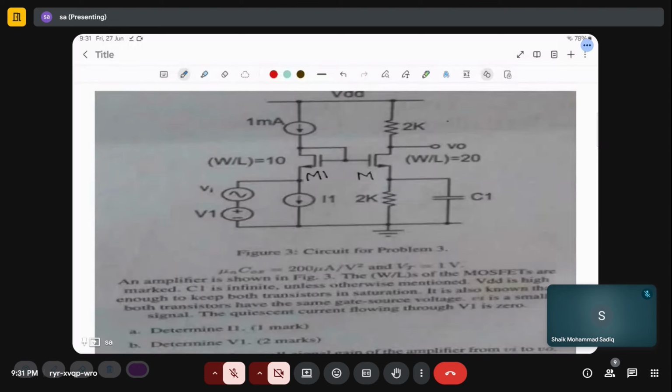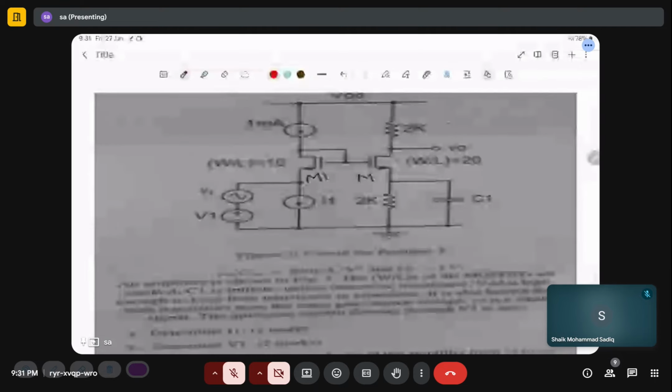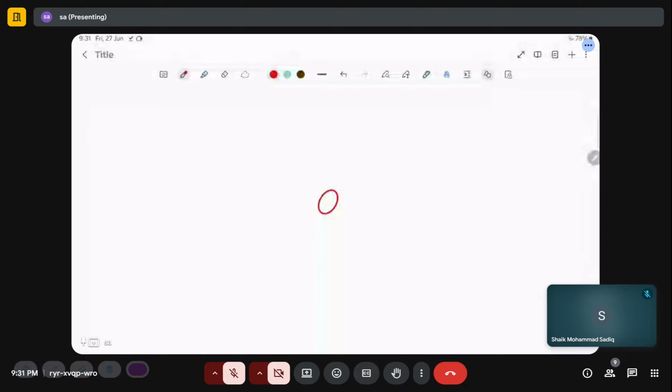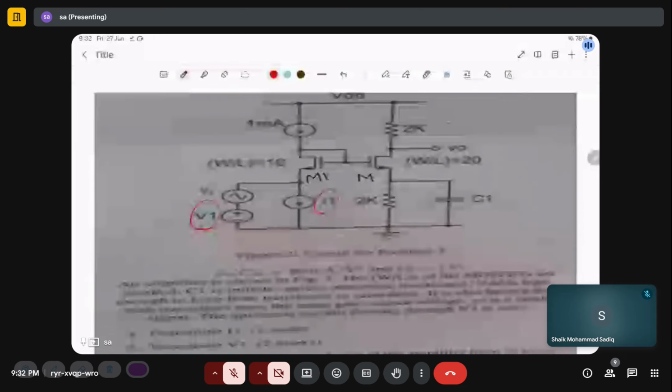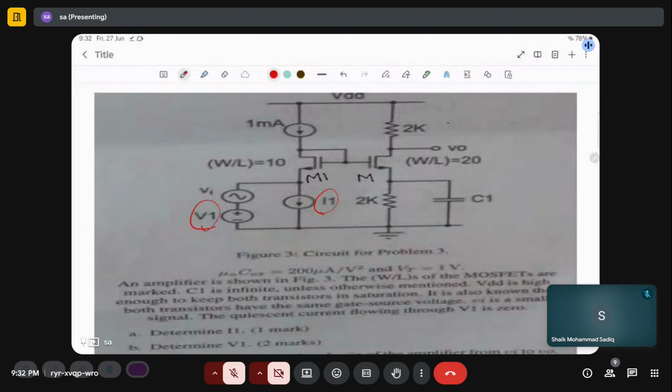How to find V1? We should find I1. We should find this value I1, V1. Can anyone help me? How to find I1 and V1?